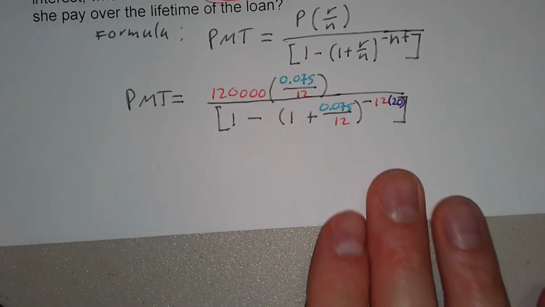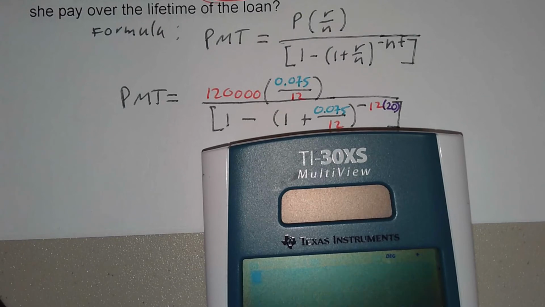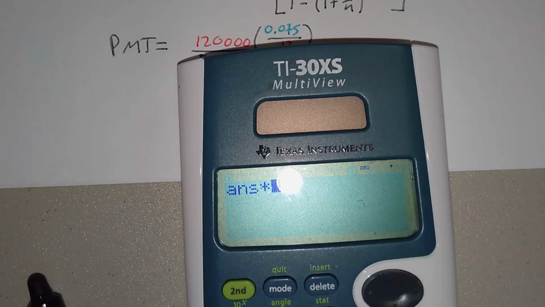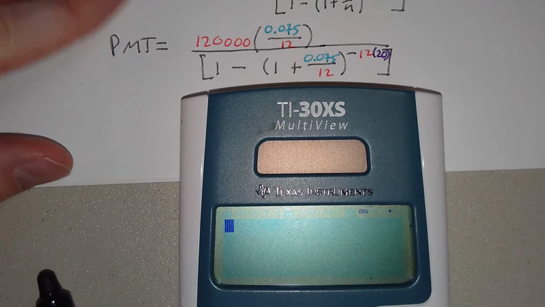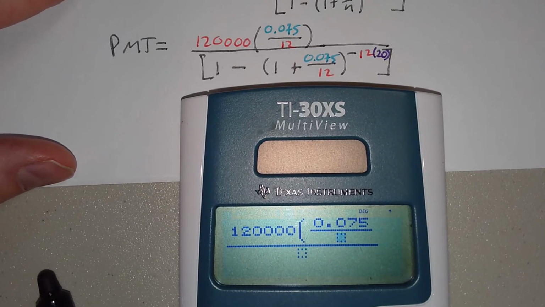So now we're going to throw that in the calculator. So fraction key, we have a 12 followed by 4 zeros, parentheses, fraction key, 0.075, down arrow 12, the right arrow, close it off.